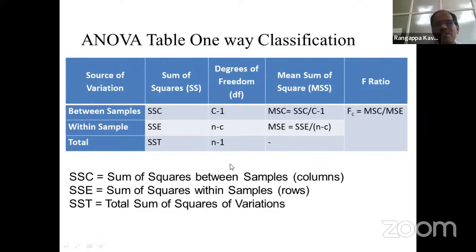C means columns, so the number of columns, which is the number of samples, minus 1. Within the sample, N means sample size, and N minus C, where C is the number of groups. These are the degrees of freedom. Using these degrees of freedom, you can calculate the mean sum of squares between columns. It is a simple format, and this is the formula we are using.